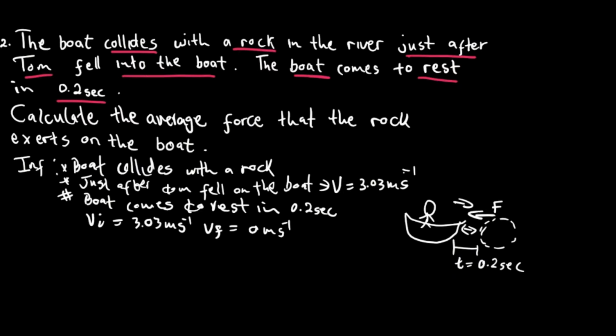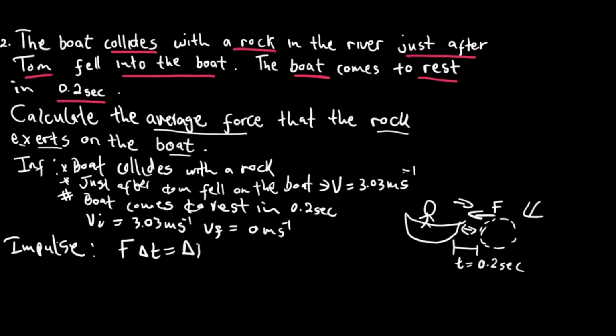So the question says to calculate the average force that the rock exerts on the boat. As I said in this illustration here, we're going to use the equation of an impulse, where it's F multiplied by change in T is equal to change in P, which is change in momentum, right?